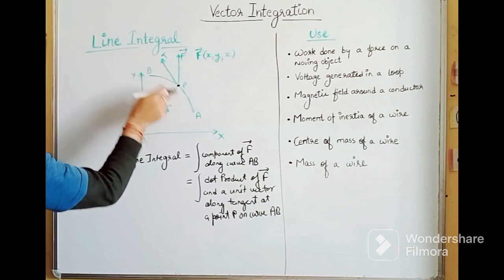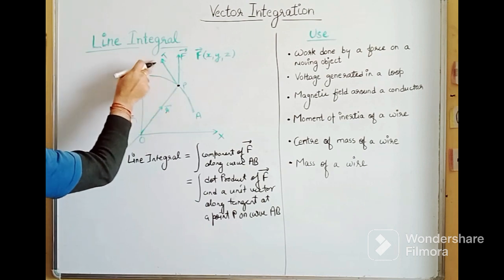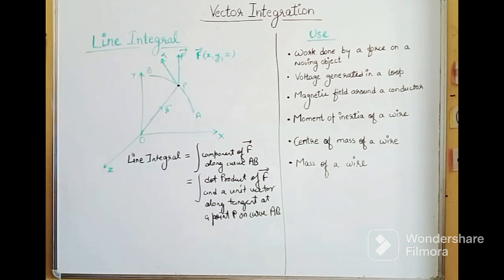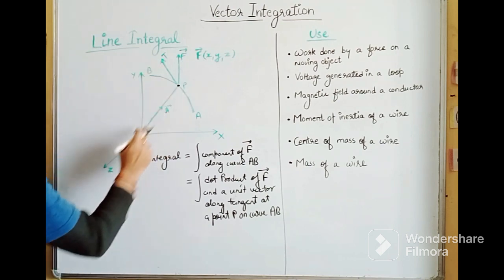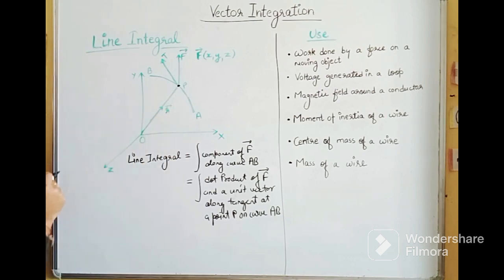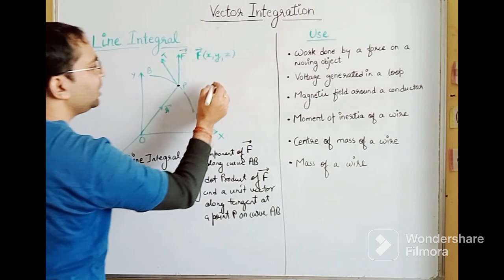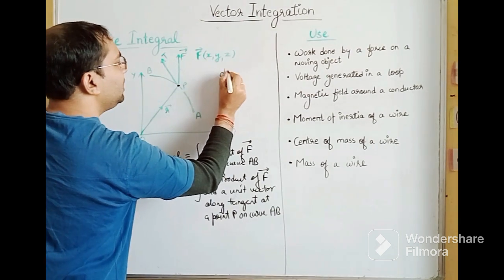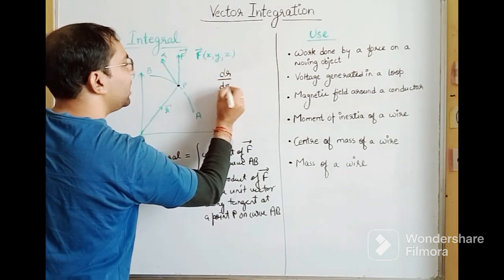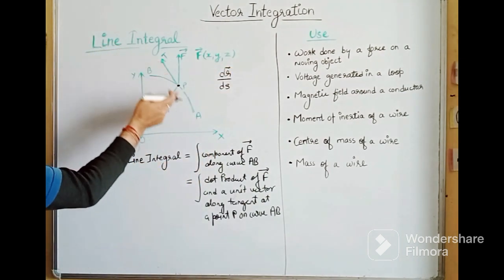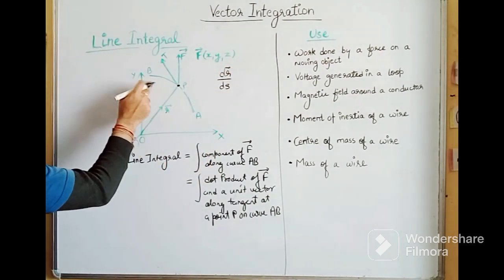Now we need to find the unit vector of this tangent. You can see that the vector OP is represented by r. So the unit vector along this PT will be represented by dr by ds. So this is the unit vector of tangent PT along the curve AB.